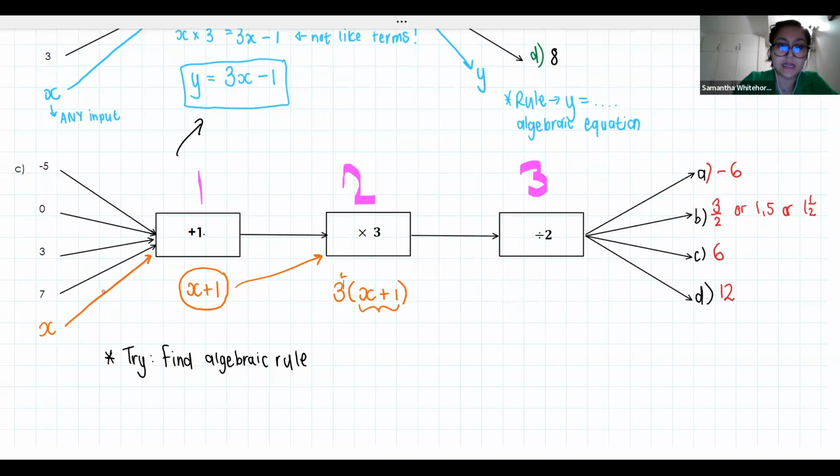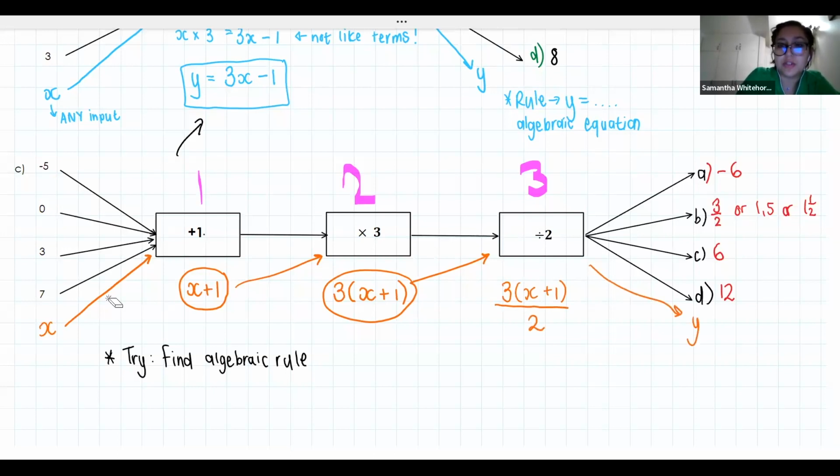That's what my rule says. And from there, I then need to take whatever that answer is and divide it by 2. So now I need to take my 3 times the x plus 1 and divide the whole thing by 2. And that will give me my output. So that will be equal to y.